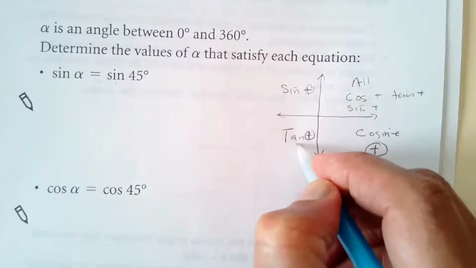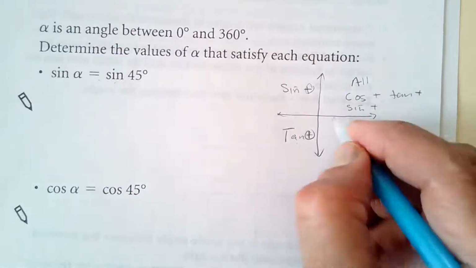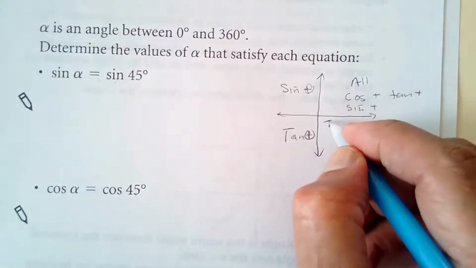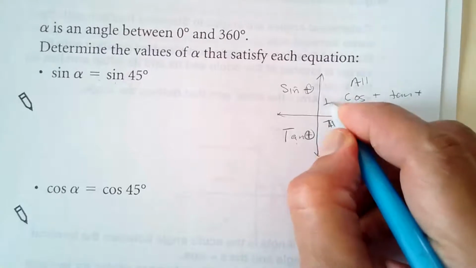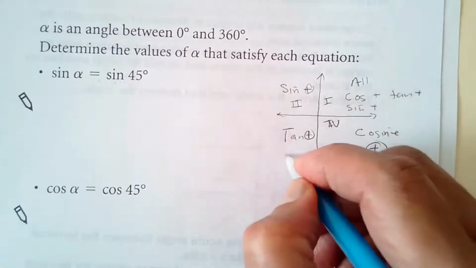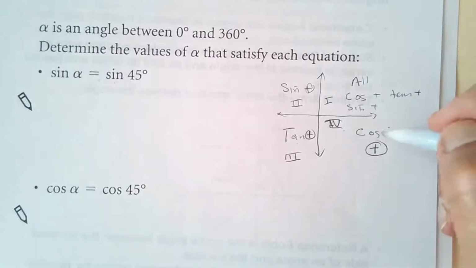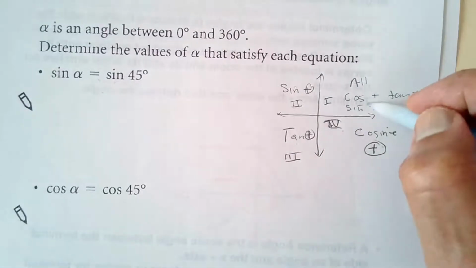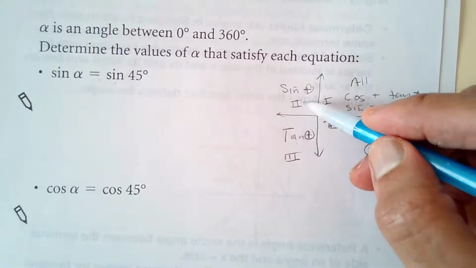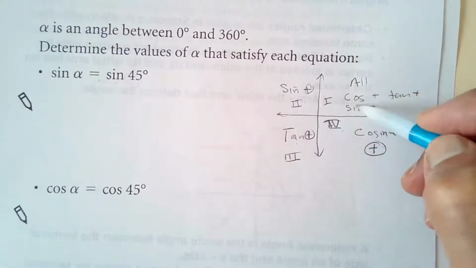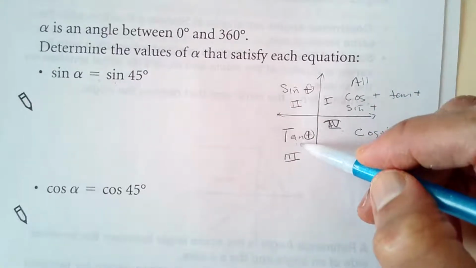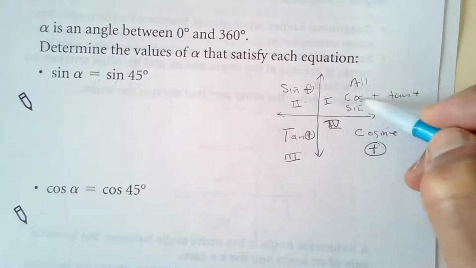So cosine is positive in quadrants 4 and 1, sine is positive in quadrants 2 and 1, and tangent is positive in quadrants 3 and 1.